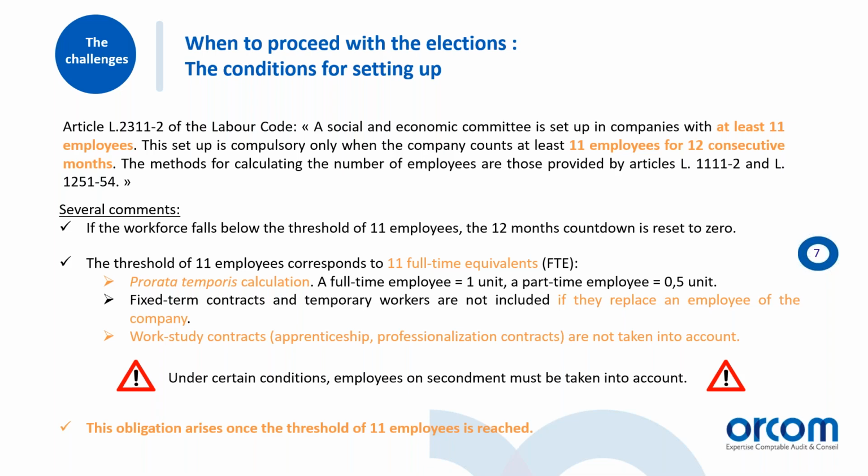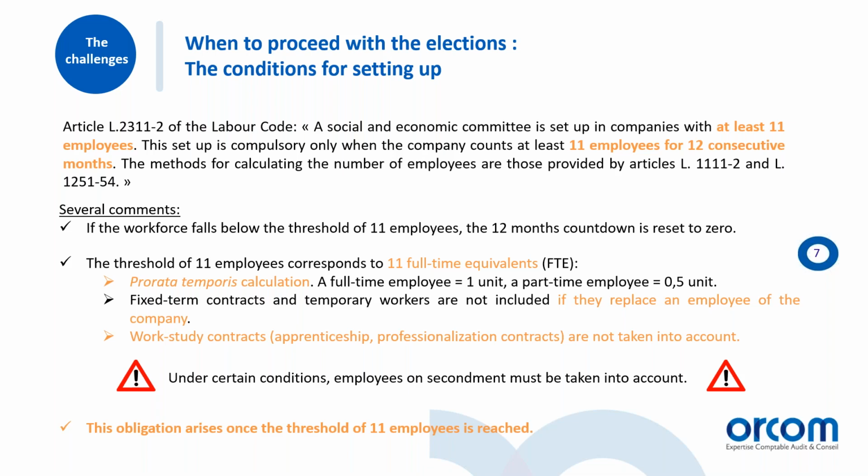The French Labour Code says that a social and economic committee is set up in companies with at least 11 employees. The setup is mandatory only when the company counts at least 11 employees during 12 consecutive months. And the method of calculating the number of employees is the one provided by the French Labour Code.